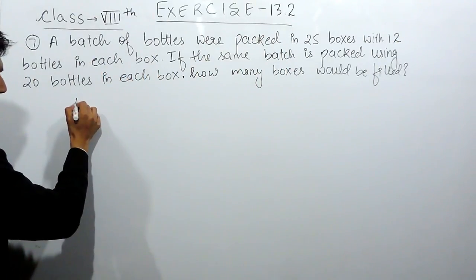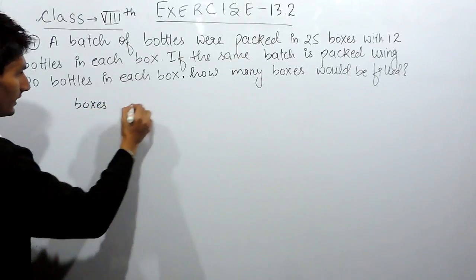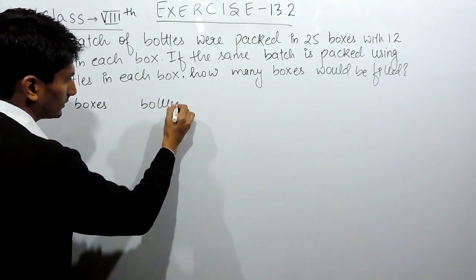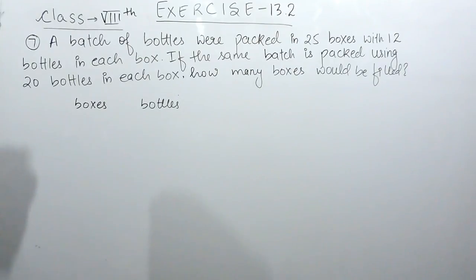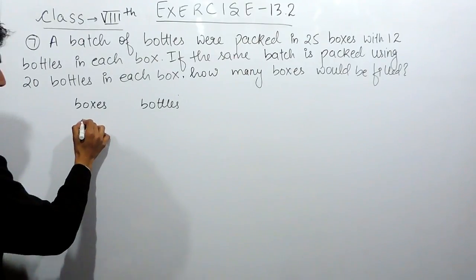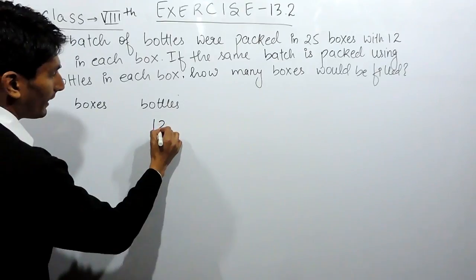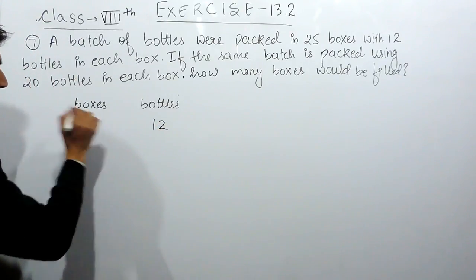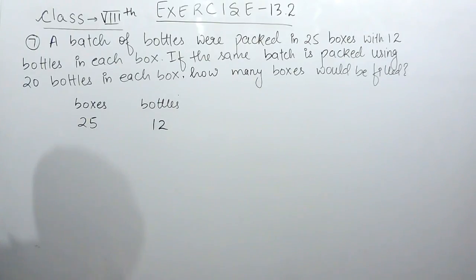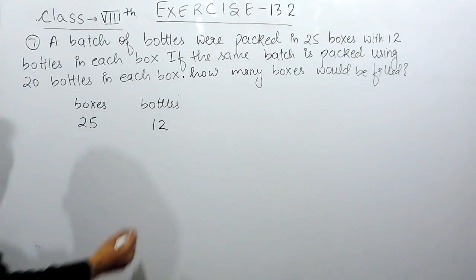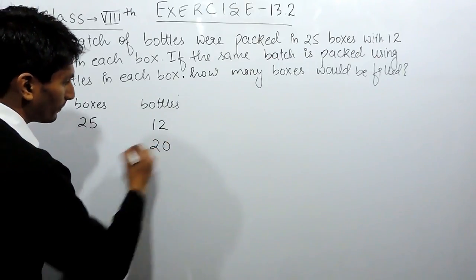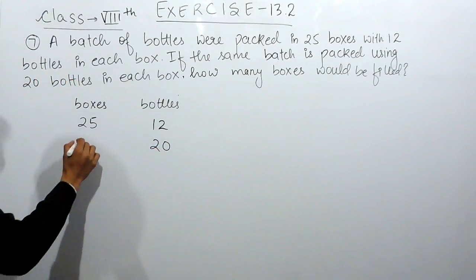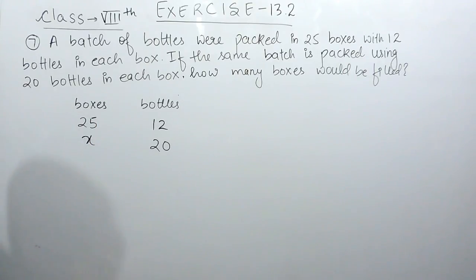Now it is given that when we pack 12 bottles in each box, the complete batch is filled in 25 boxes. Now if the same batch is packed using 20 bottles in each, you have to find out how many boxes will be required. These are the two parameters.